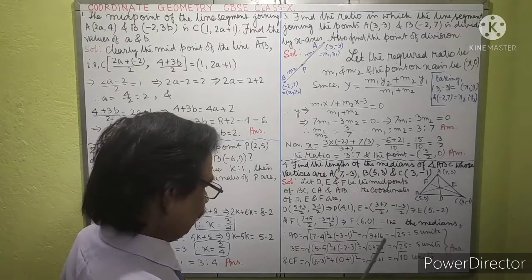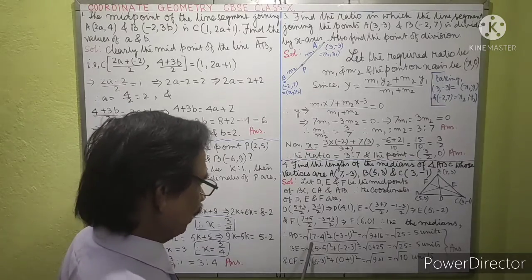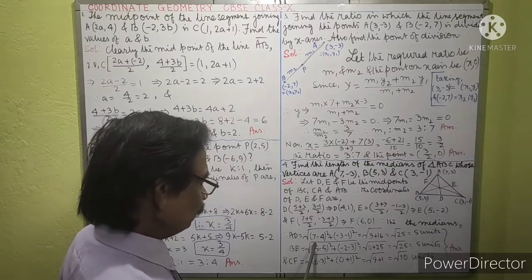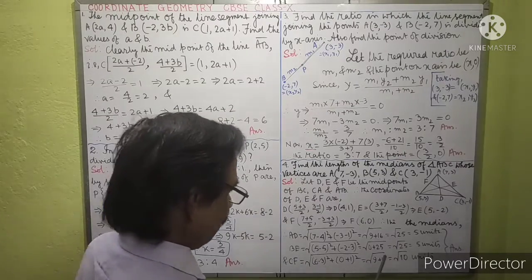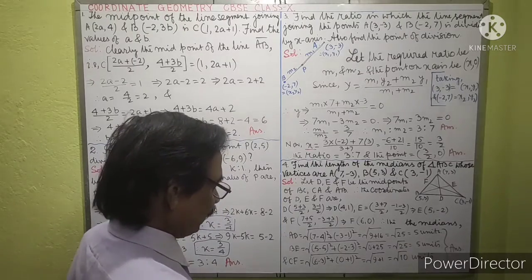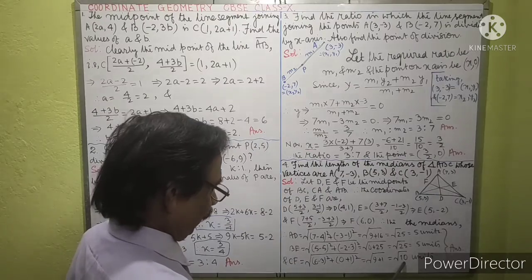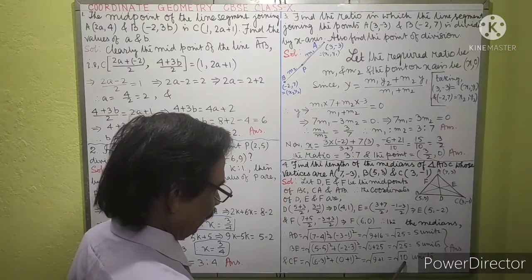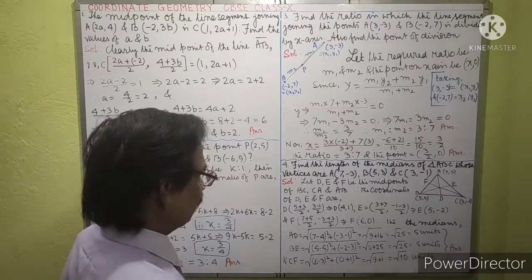Therefore, according to the distance formula, median AD equals 5 units, BE is also 5 units, and CF is root 10 units, an irrational number. So this is the answer.